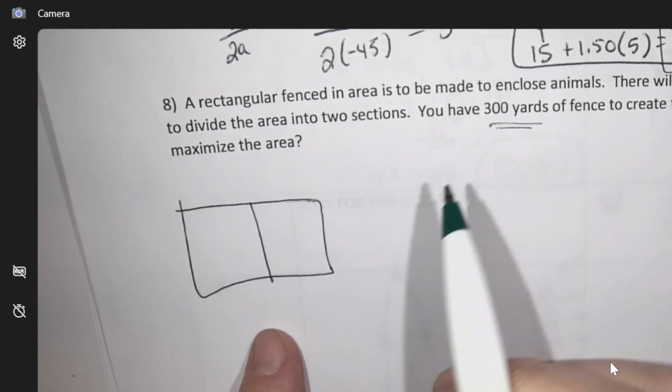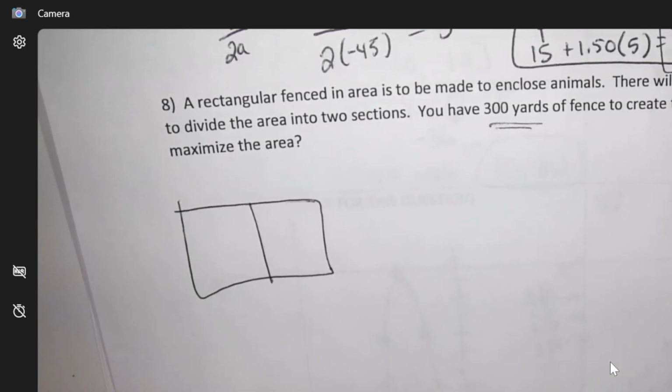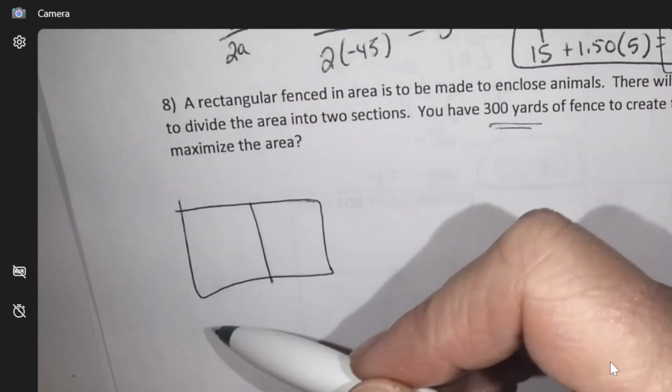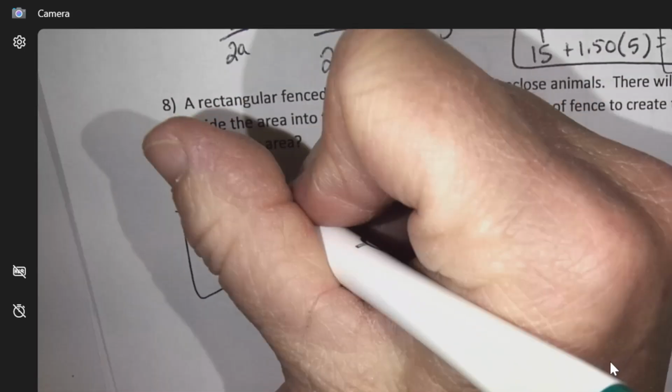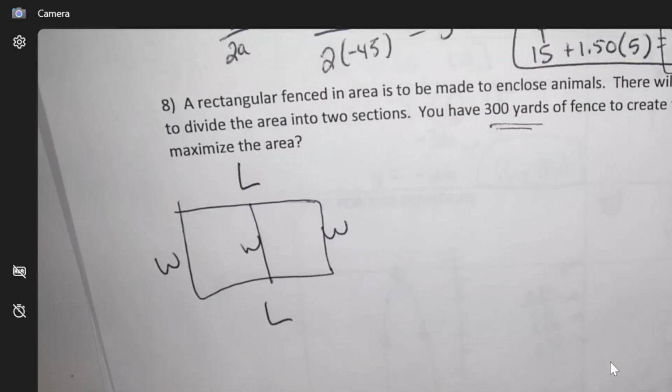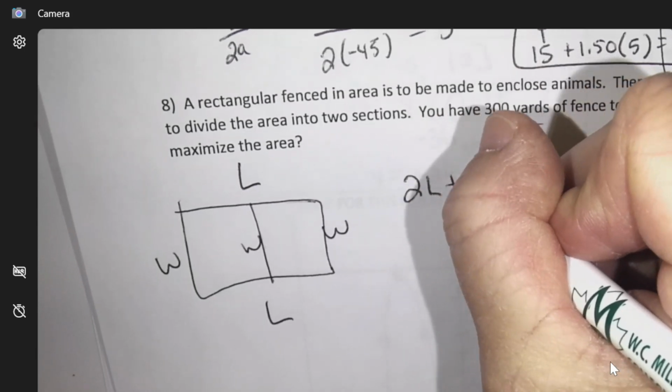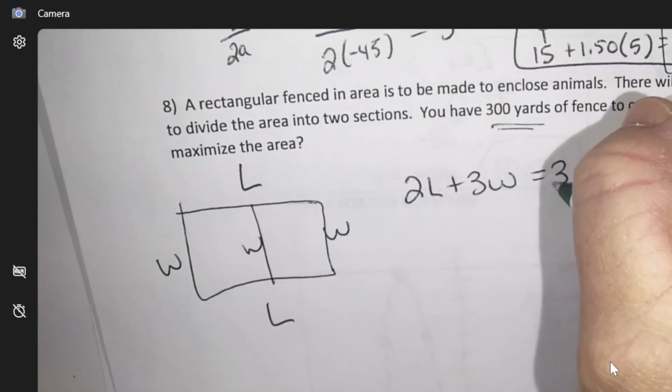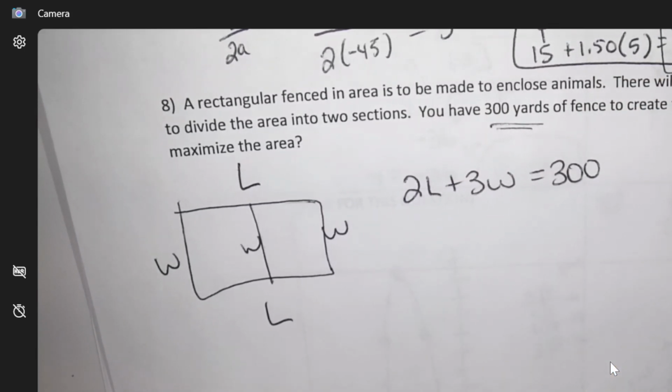You were given 300 yards of fencing, so all of these sides are 300 yards worth. All of those sides are 300 yards of fence. So I'm going to say that it would all add up to 300 if I could add those sides of fence together.